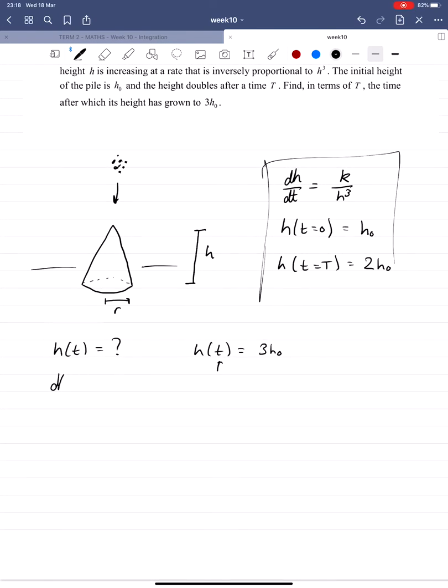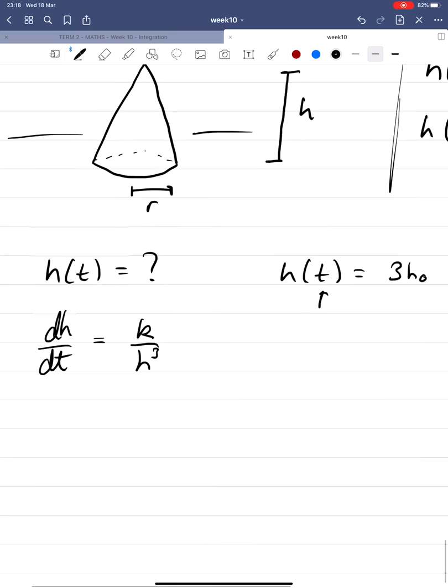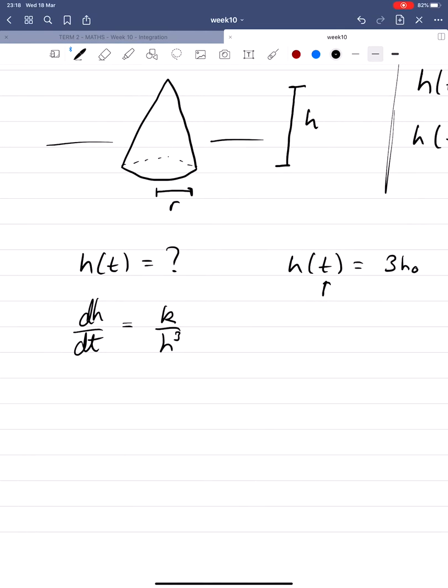So we have, come on, there we go, dh by dt is k on h cubed. Same as before, we need all the h's on the same side that has dh on the top. So that's h cubed dh is equal to k dt. Drop in our integral signs.